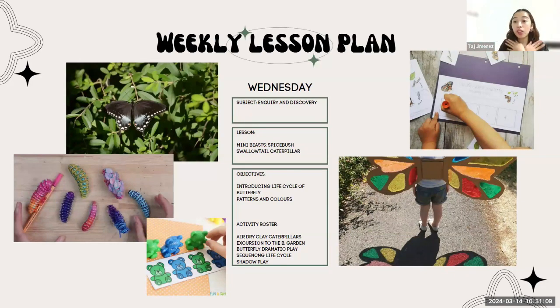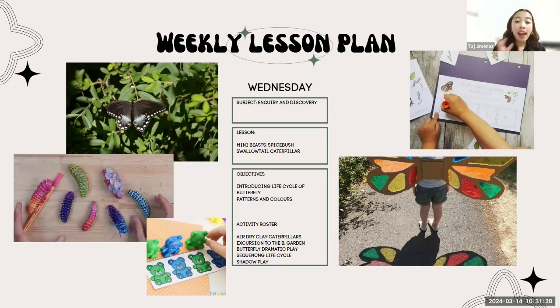Five will be with you doing the most complicated tasks. Maybe for your set of children, the most complicated task would be air dry clay caterpillars, because there's always a risk of children eating the clay. You cannot leave them unsupervised.